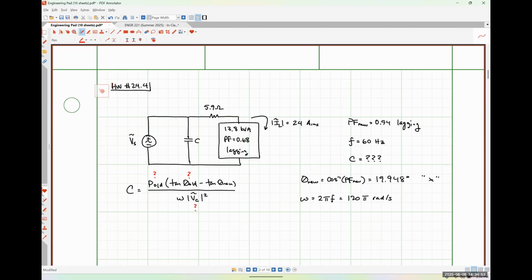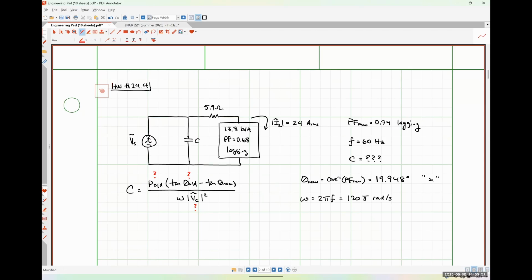Okay. Is theta old just the cosine inverse of 0.68? So that's a very good question, and it won't be in this particular case. Okay. So 0.68 lagging is the power factor at which our load is operating, but our capacitor is not in parallel with our load.